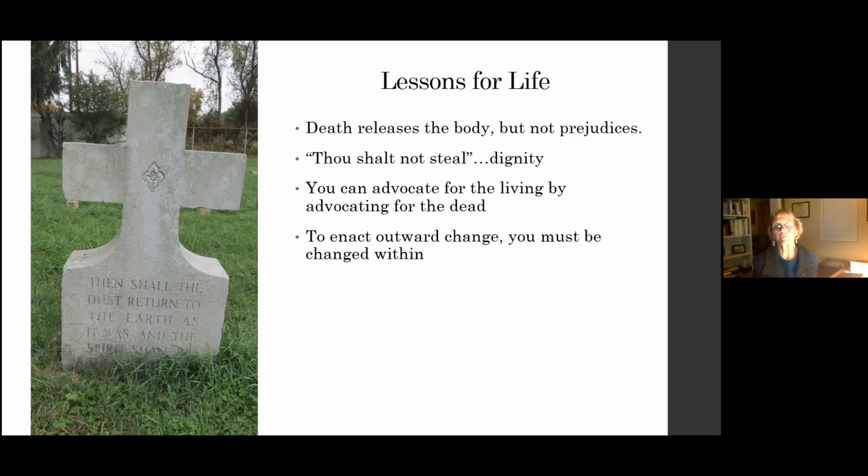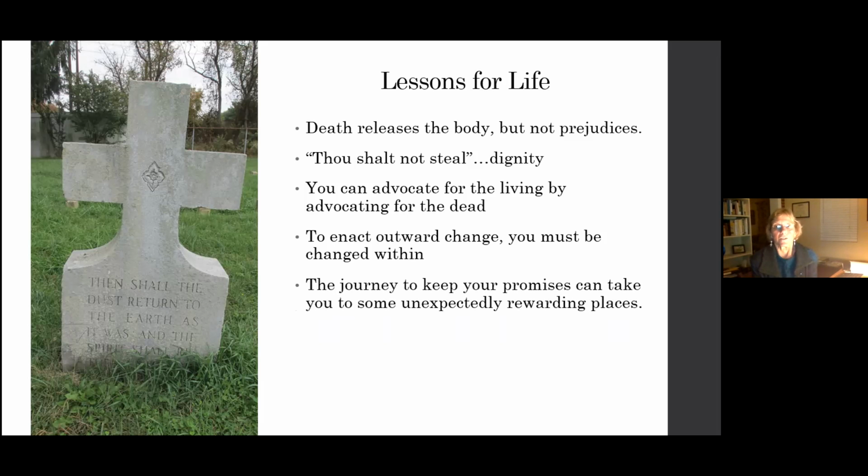I think that was a powerful lesson for me. The journey to keep your promises can take you to some unexpectedly rewarding places, and that was a long journey to keep my promise, but it's been very rewarding for me.